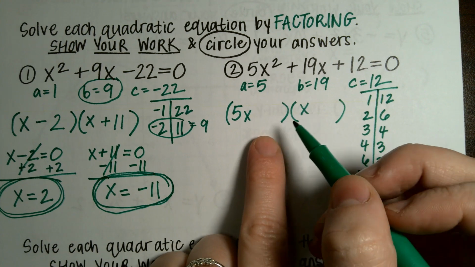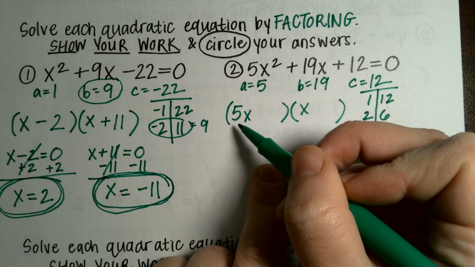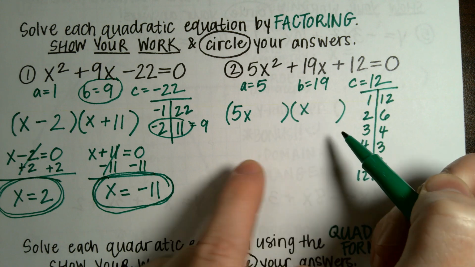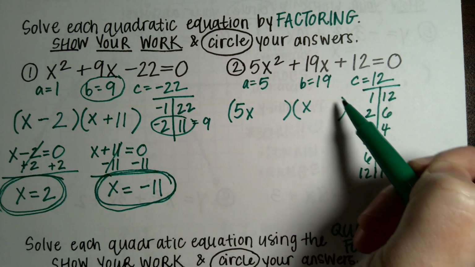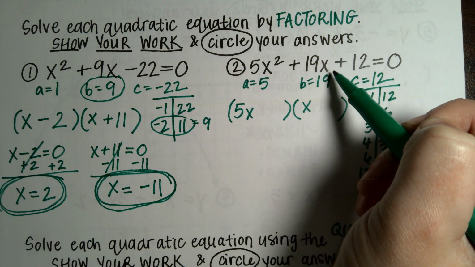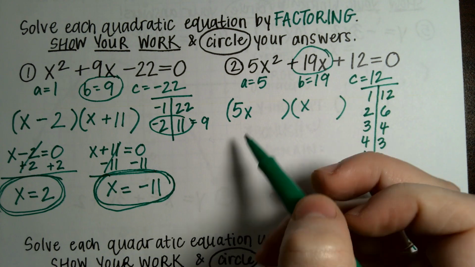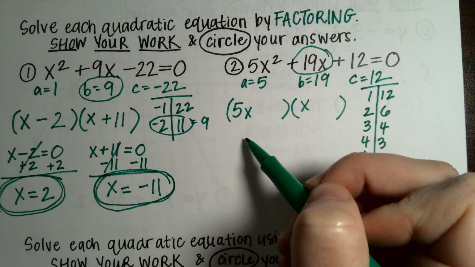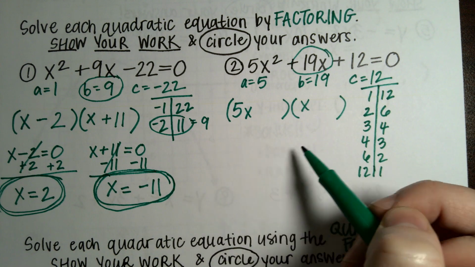Remember when we do this, we use that rainbow method. We multiply our inner terms and then we multiply the outer terms and add them together. So if I know that that answer needs to be 19x when I add them together, I know I'm going to be taking 5x times whatever number goes in the second parentheses.